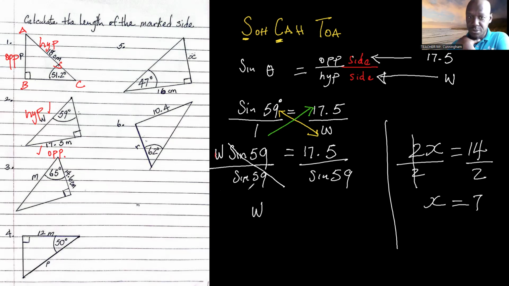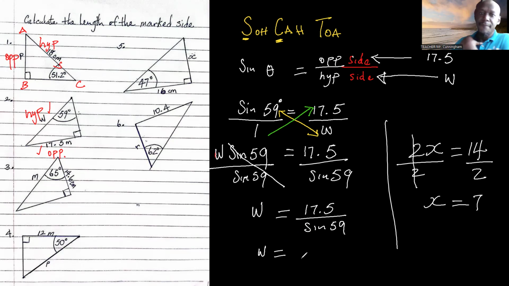W is equal to 17.5 divided by sine 59. Anybody lost? No, sir. So let me ask somebody who I didn't hear from this evening.